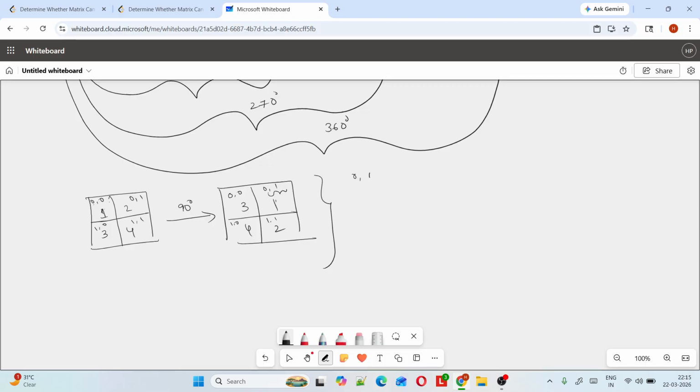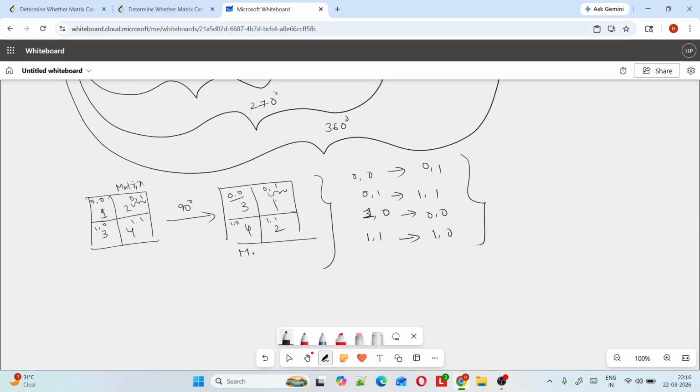Similarly, element 2 in the given matrix is at position 0, 1, but here it is at 1, 1. Now element 3, which is at 1, 0, moves to 0, 0. And 4 at 1, 1 moves to 1, 0.